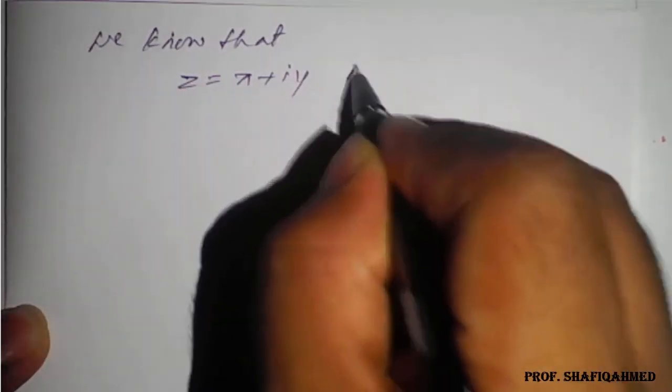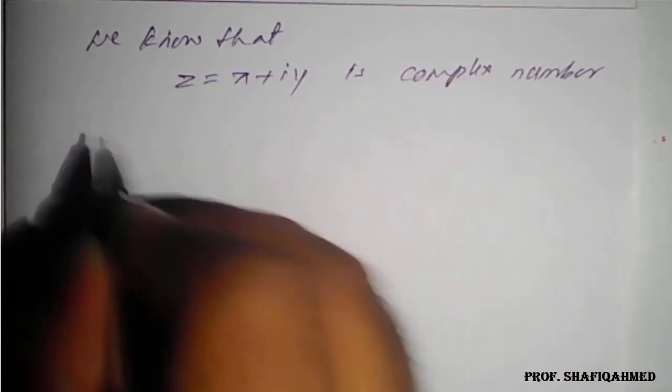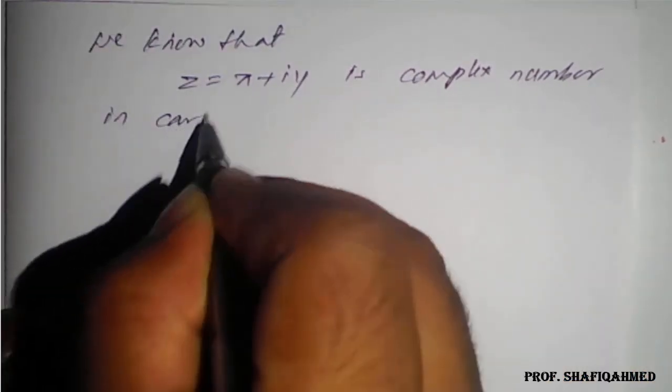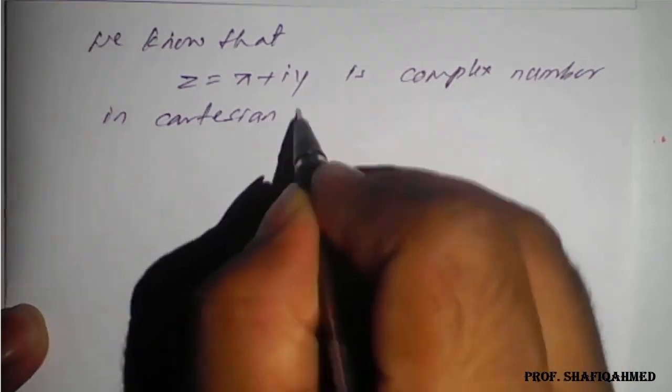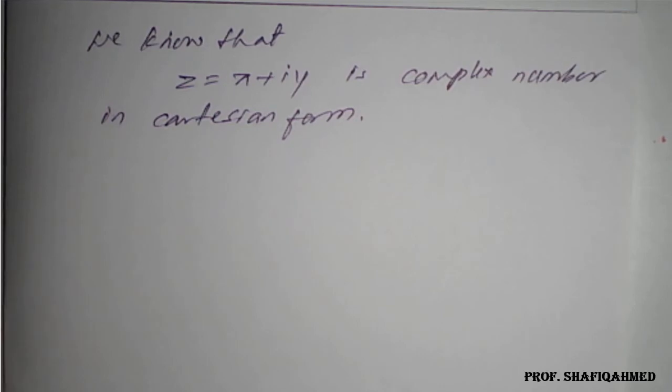Now we know that z is equal to x plus iy is a complex number, but this is a complex number in Cartesian form. Cartesian form means in terms of x and y. Similarly, I want to define the polar form also.